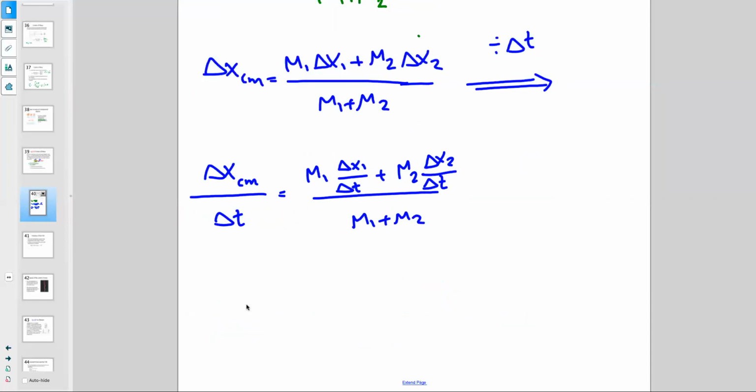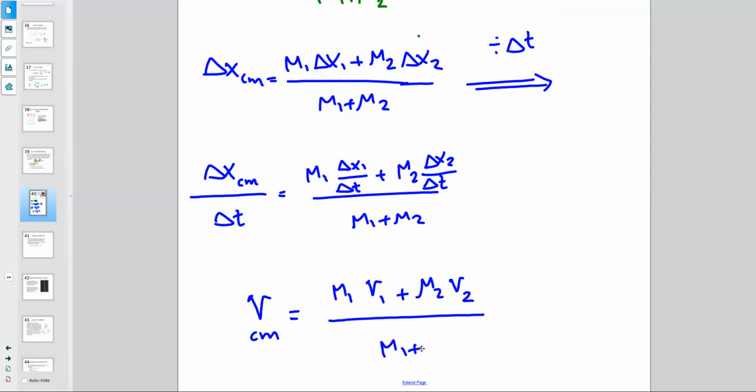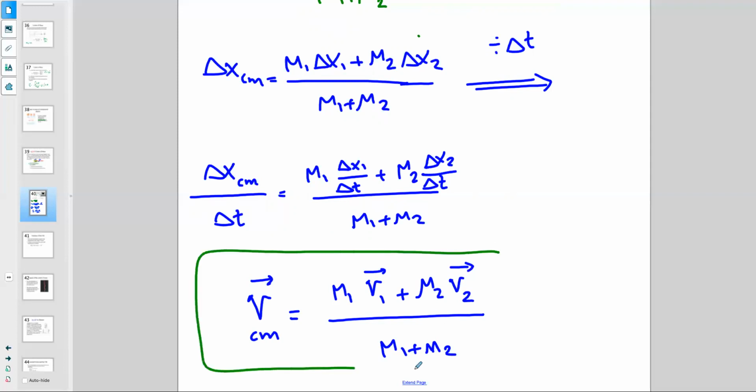Which means the velocity of the center of mass is M1 velocity of 1 plus M2 velocity of 2, over M1 plus M2. And these are vectors, so I am putting an arrow on top of every one. So this is important.